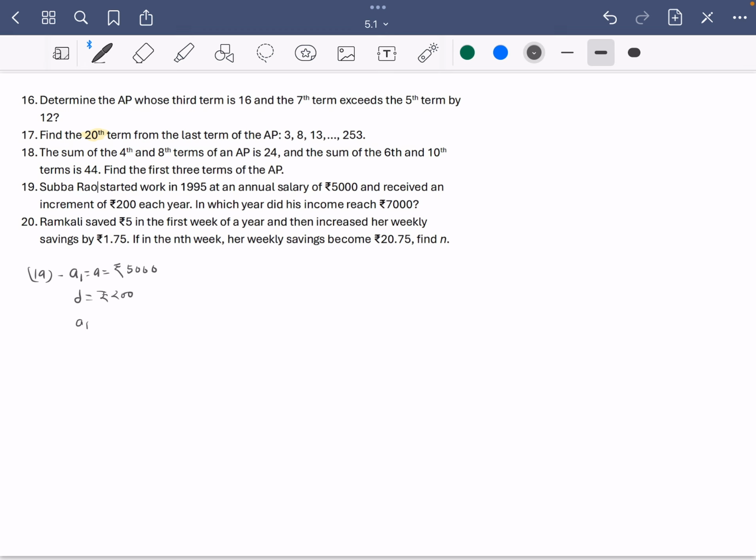We are given an 7,000. We do not know what year, so we want to calculate n. In what year will this income become 7,000? So 7,000 is 5,000 plus n minus 1 times 200. 7,000 minus 5,000 is 2,000.